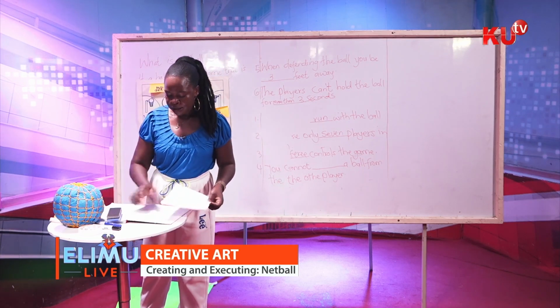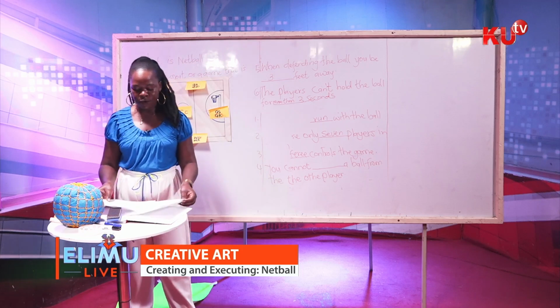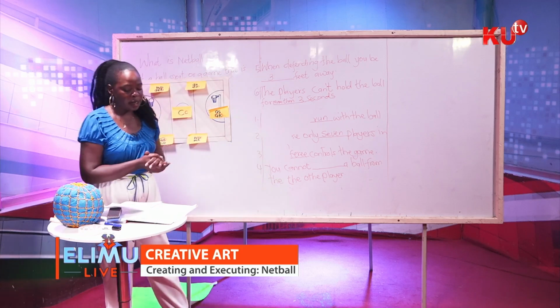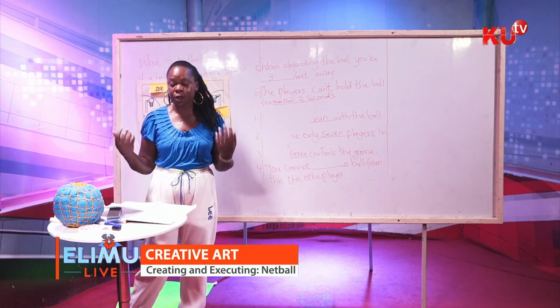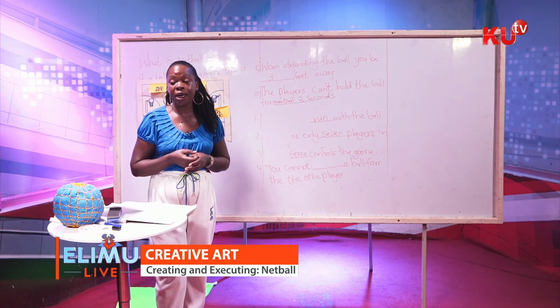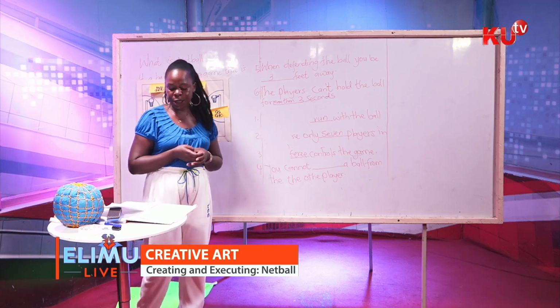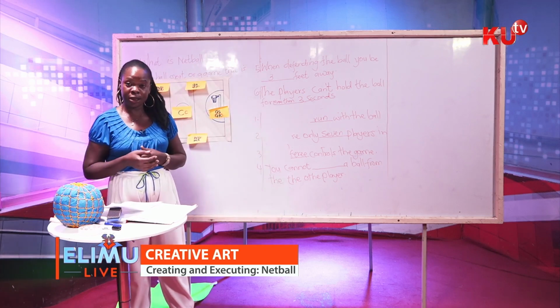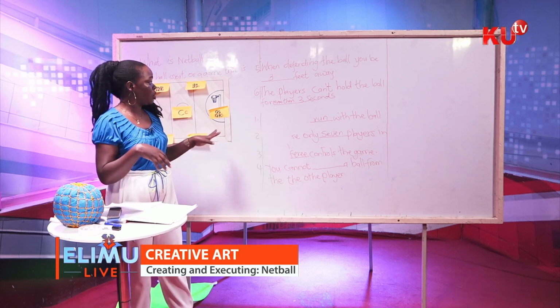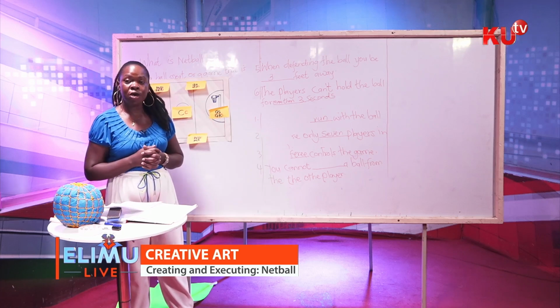Okay, just to take a little recap of what we are learning today. We are learning about netball, and I say that netball is a ball sport or a game that is played by two teams. Each team will bring 7 players, and then within the netball court, we need a total of 14 participants.